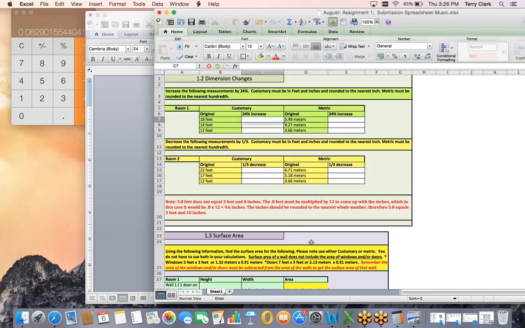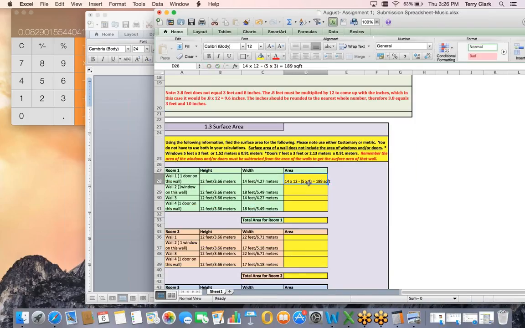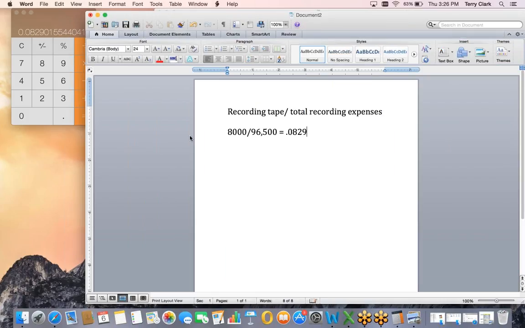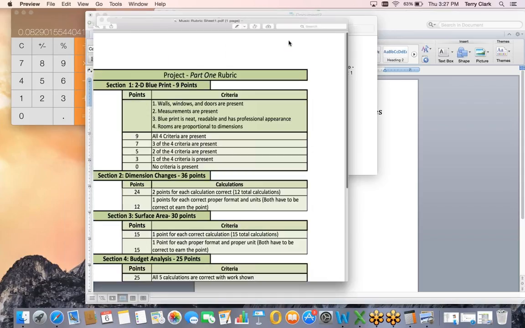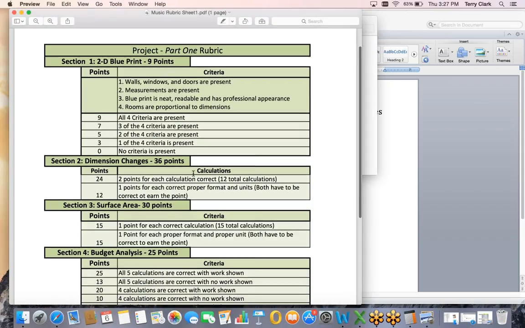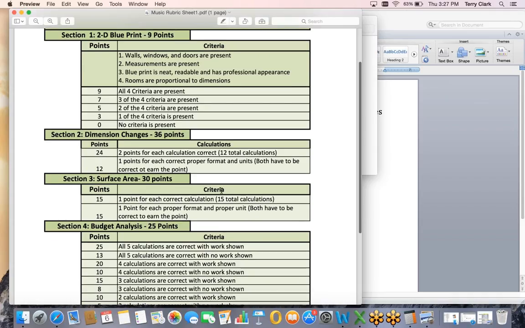Yeah, no, because when you go back and look at the rubrics, and we'll pull up the rubrics one more time, when you look at the rubrics, on the dimension changes, see it says 2 points for each calculation correct, and then 1 point for correct proper formatting.